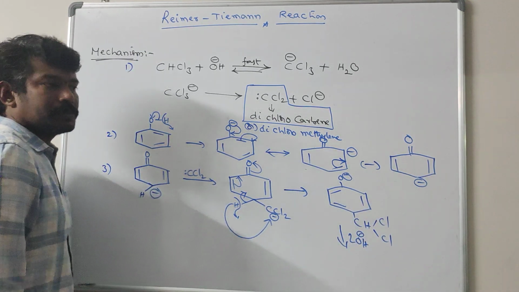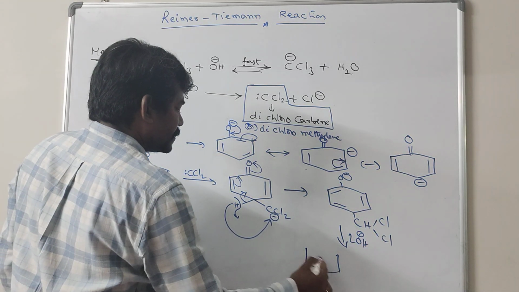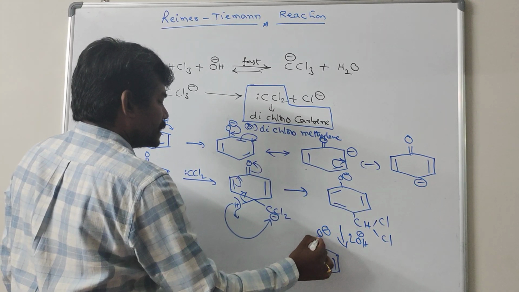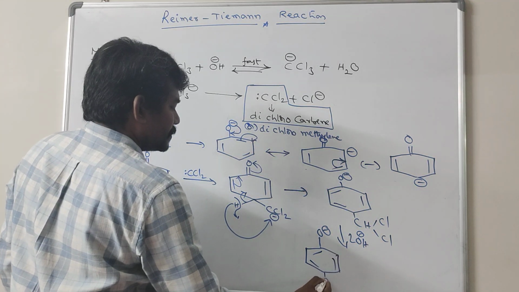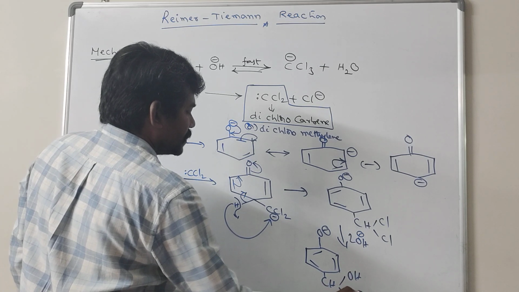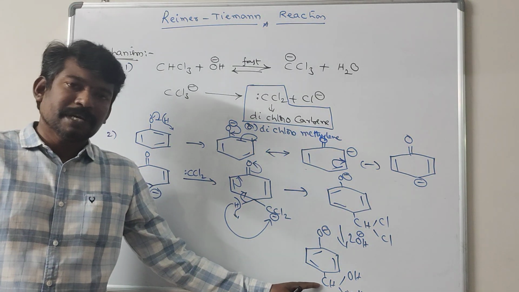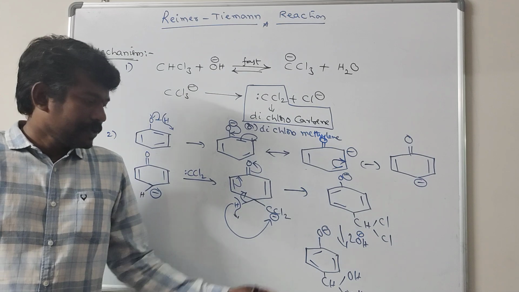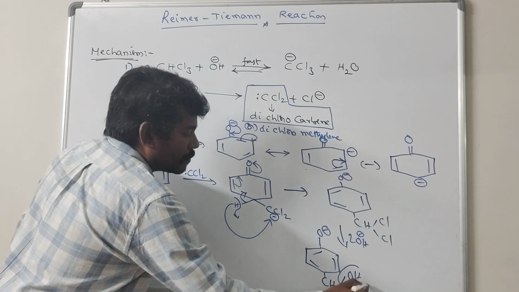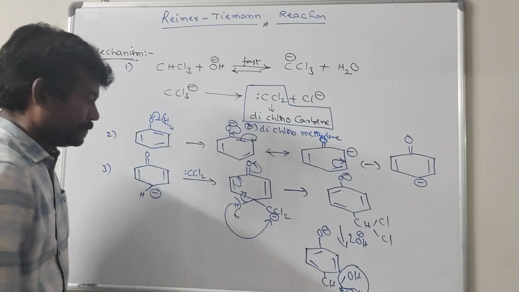2 Cl groups are replaced by 2 OH groups. We get O minus, CH, OH and OH. 2 OH groups present on the same carbon atom are very, very unstable, which loses a water molecule and forms a carbonyl compound.